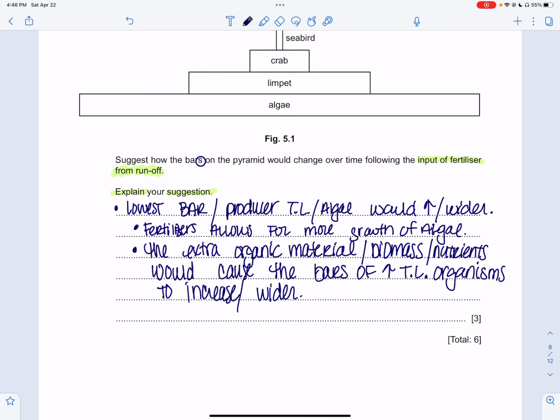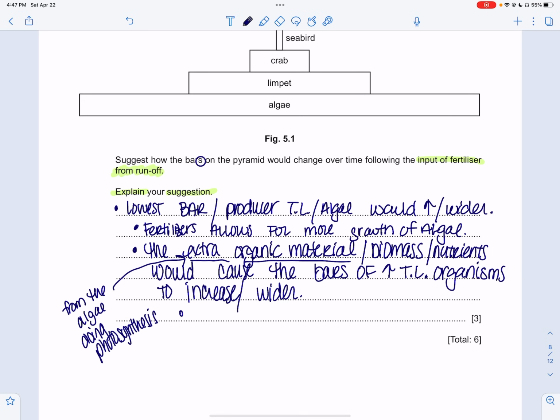And when I say the extra organic material, only underlining it just to bring reference to it, this is from the algae doing photosynthesis.